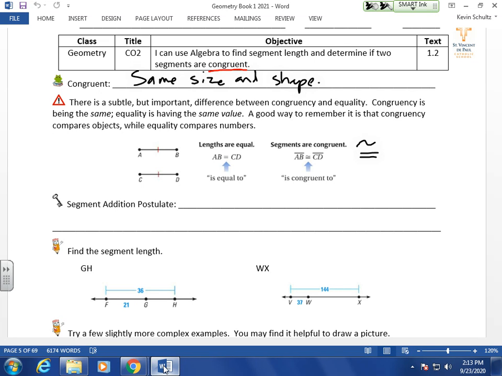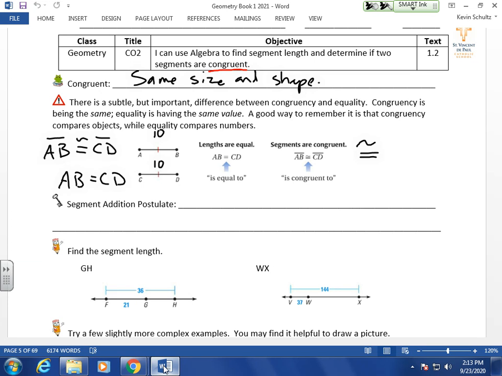And for the symbol for congruency, these two segments, AB and CD, we would write that segment AB is congruent to segment CD, which I've got written over here, right? They're the same size, same shape. Only when we assign a value to the segments, if we said segment AB is 10 and segment CD is also 10, only then can we say that the measure of AB is equal to the measure of CD.